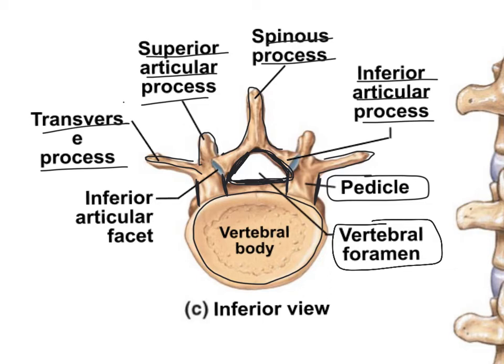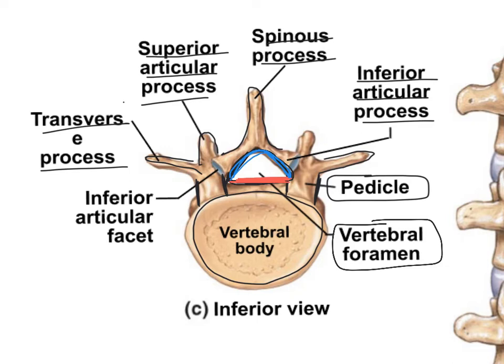Now, I think on your lab list you also have the arch. It's called the vertebral arch. The arch is just on the back of the vertebrae. It makes up the edges of the vertebral foramen. So you have the anterior arch right here from the vertebral body, and then you have the posterior arch here that's made up of the other parts.